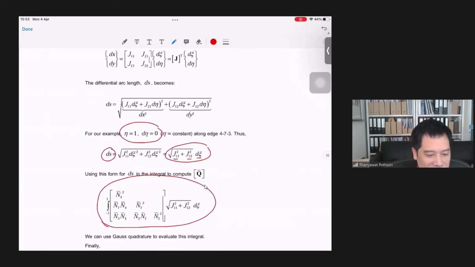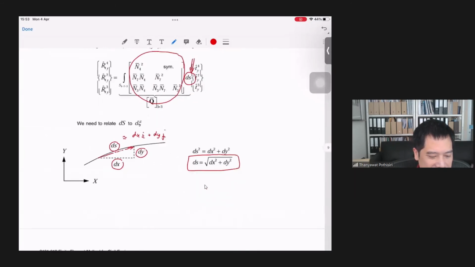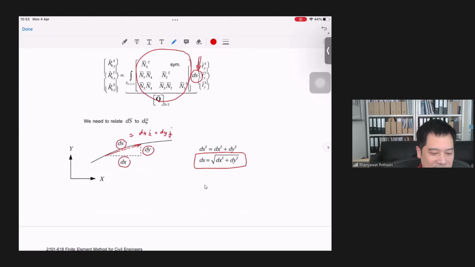So if you look back at this curve, now suppose we want to write a normal vector here to this curve right here. What we can do is first we can try to find a tangent vector to this curve, right?